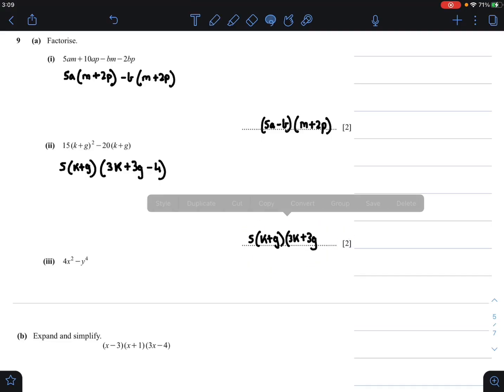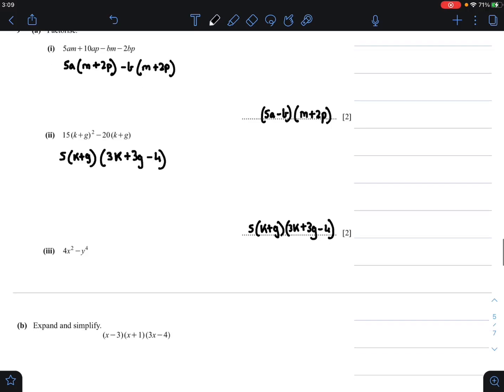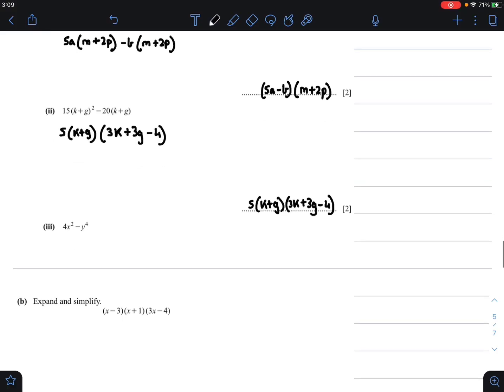Now let's move to part A3 of this question. So for part A3, you would have already noticed that the question is in the form a square minus b square.